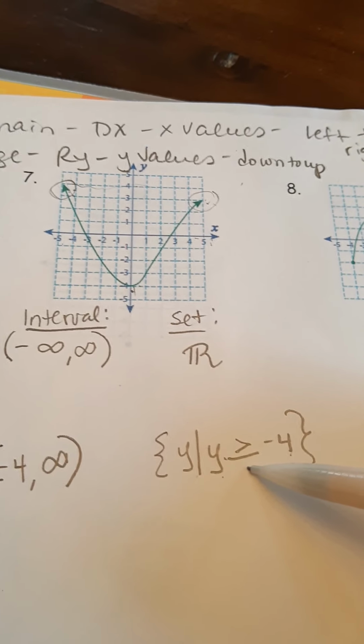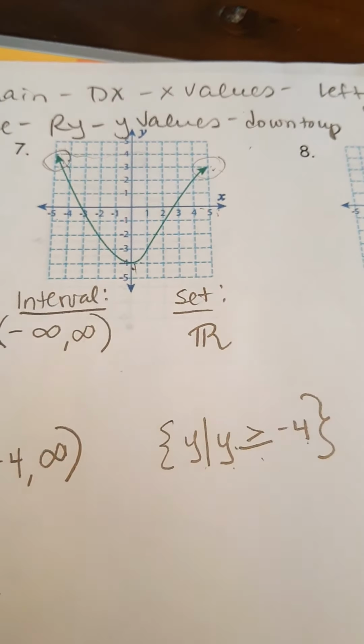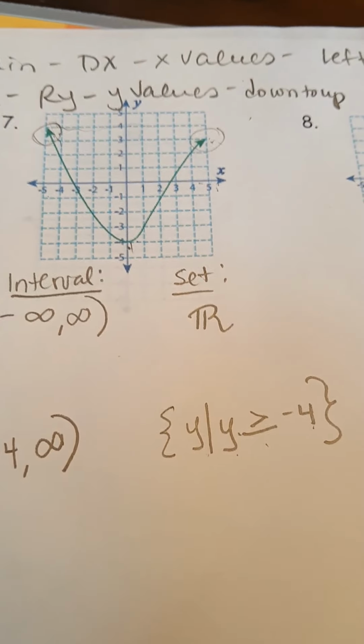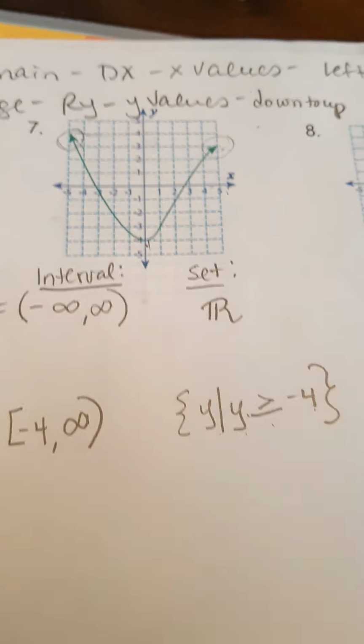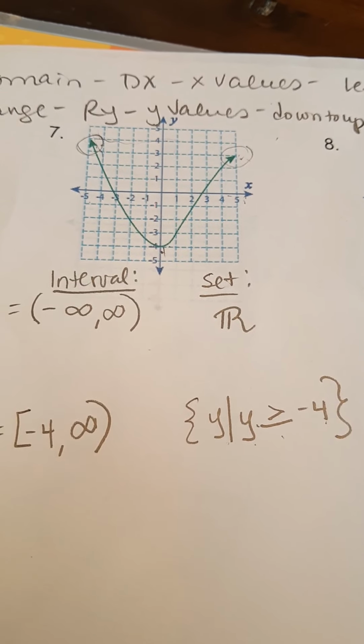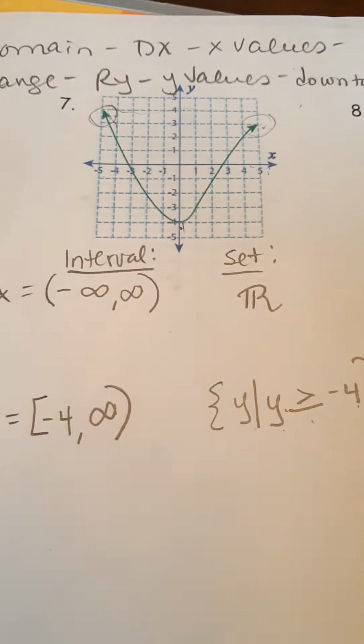And unfortunately, there's no set way of doing this. Like last time, there was a beginning and an end, so all the answers looked the same pretty much. These are not always going to have one look to them. And you'll see what I'm talking about when we go to number 8.